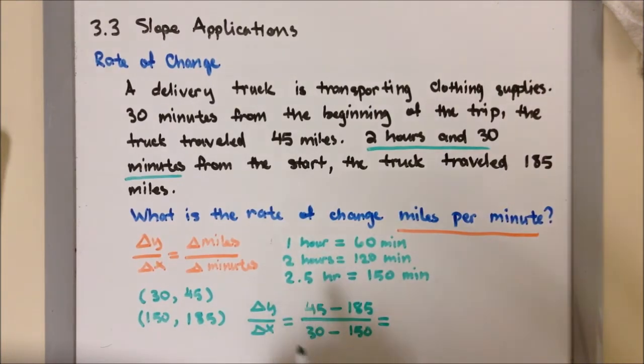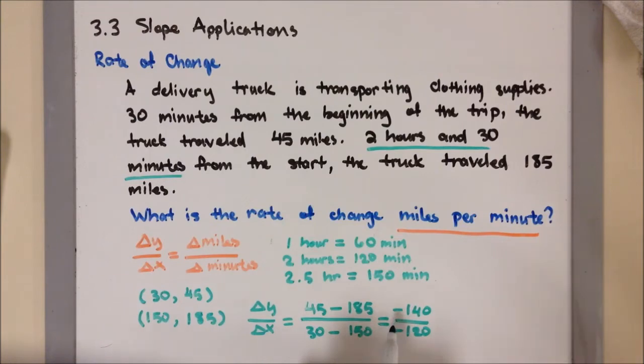So on the top, 45 minus 185 will be negative 140 over 30 minus 150 will also be negative 120. So you can actually simplify that. Negative 140 over negative 120.